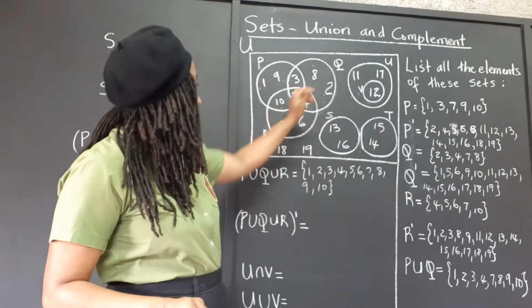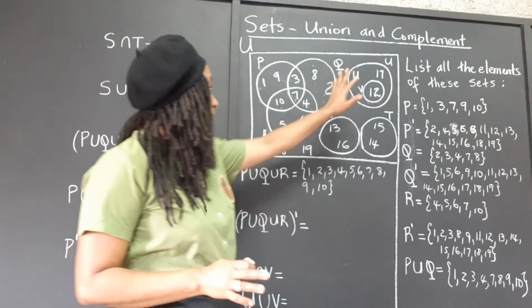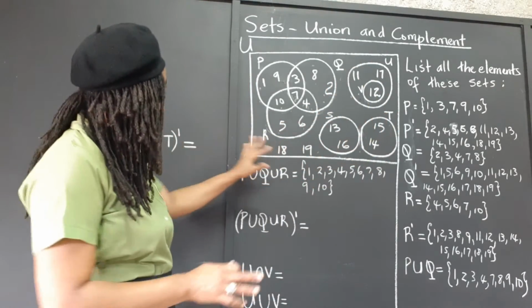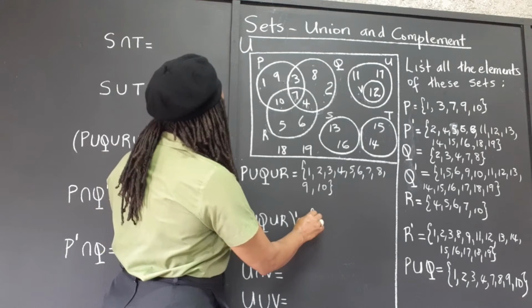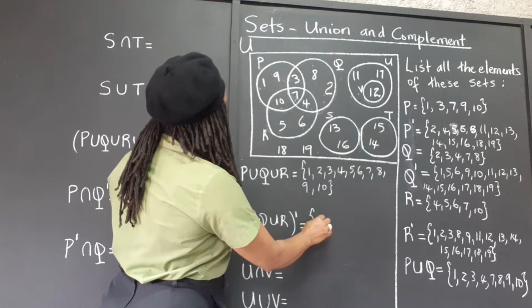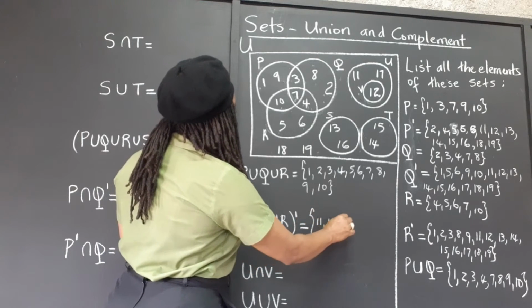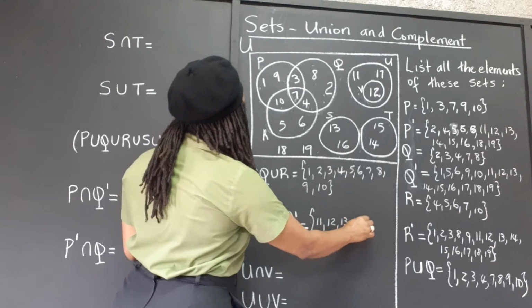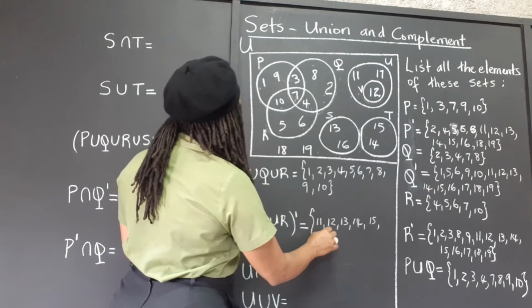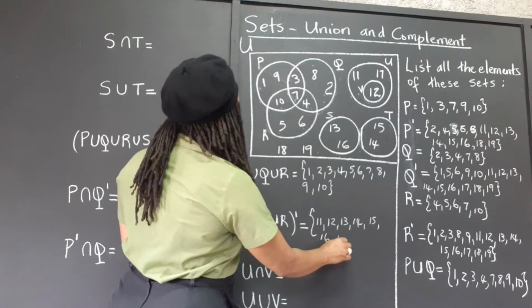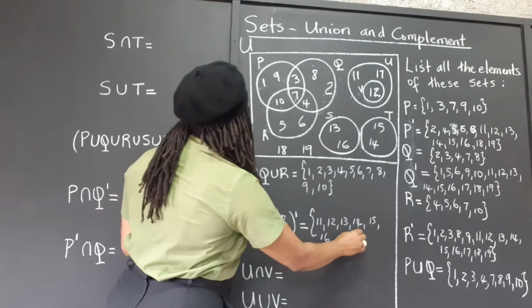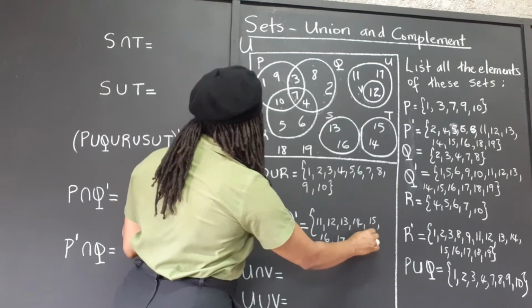Remember that's P, Q, R, so their complement would be everything out here. So that would be then 11, 12, 13, 14, 15, 16, 17, 18, and 19.